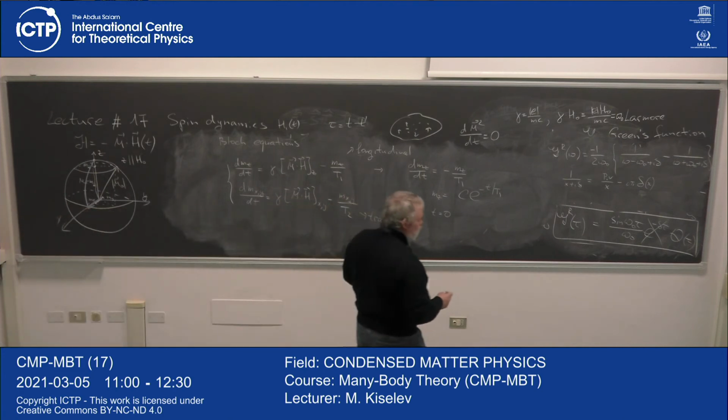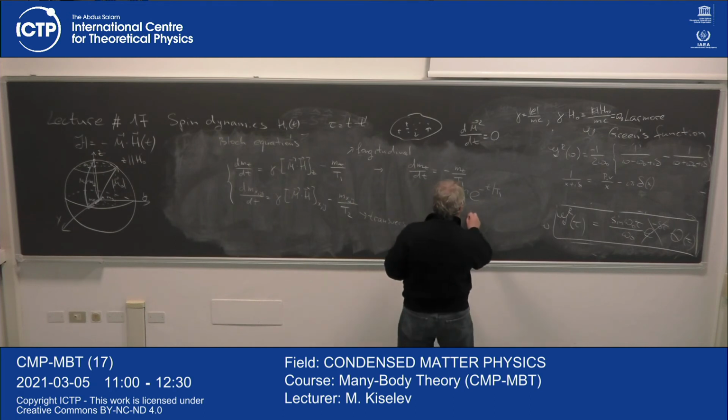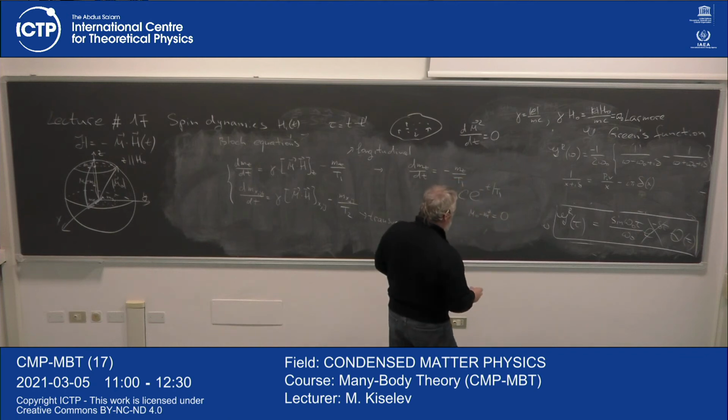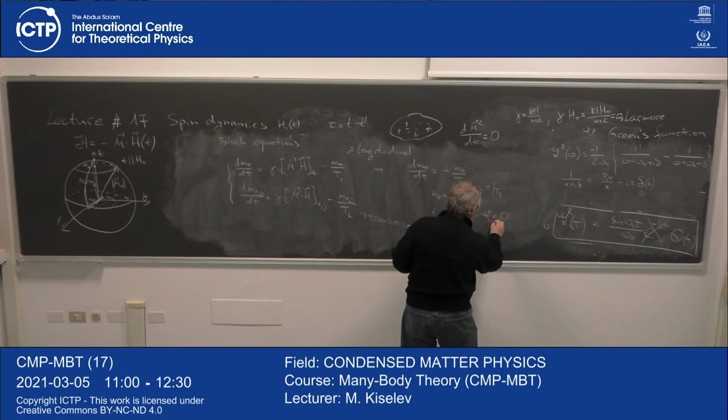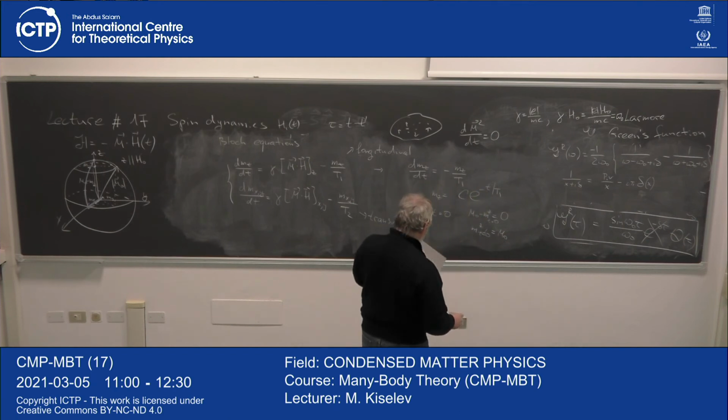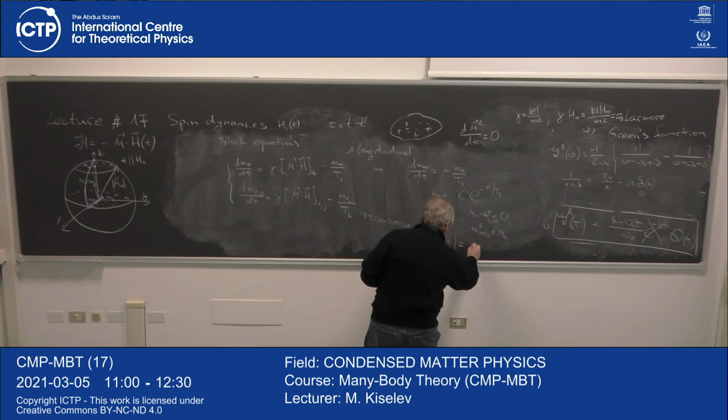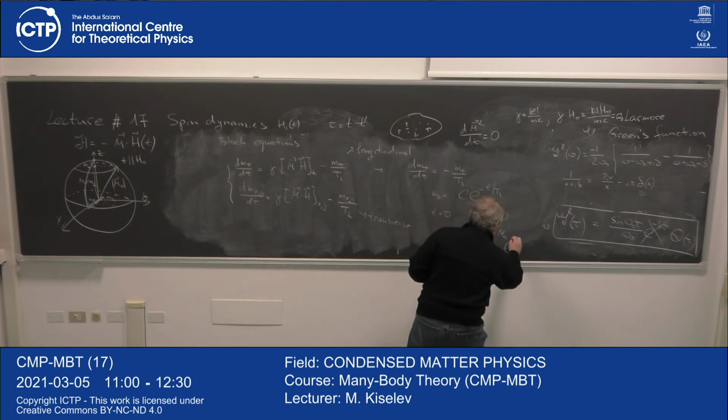If at t equal to 0, your m naught minus mz is equal to 0, which means that mz at t equal to 0 is equal to m naught, then your magnetization mz as a function of time is equal to m naught times 1 minus exponent to the power minus t over T1.